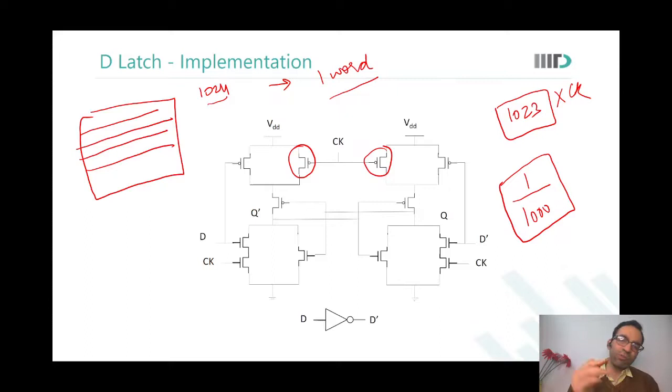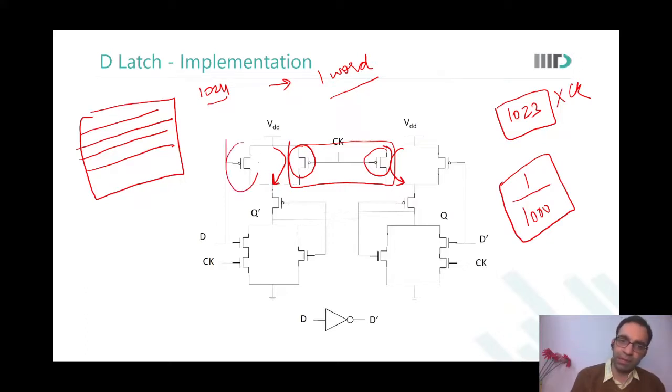That's a low probability, is it not? So if I say that I want to save area, for 1023 cycles out of 1024, this transistor is going to be on. So effectively what is happening? VDD is getting transferred here in almost every cycle. So except for the selected cell, where whether VDD arrives here or not is dependent on these 2 transistors, in all the other cells this node already has VDD.